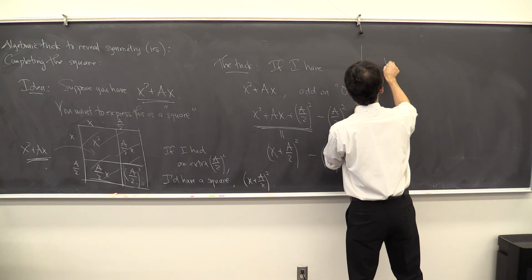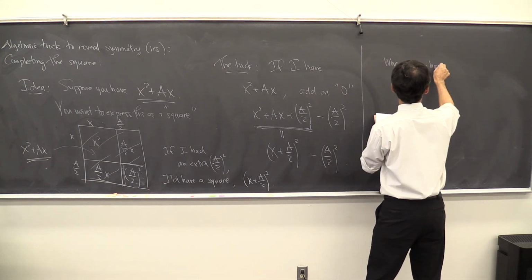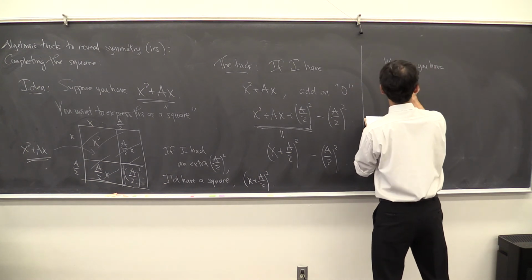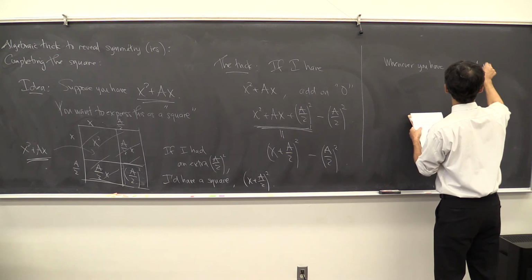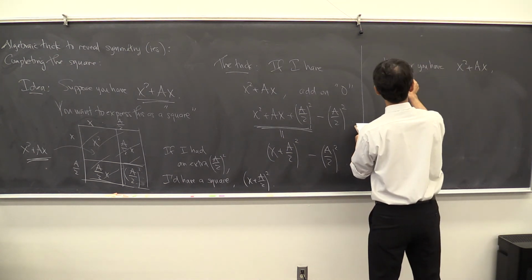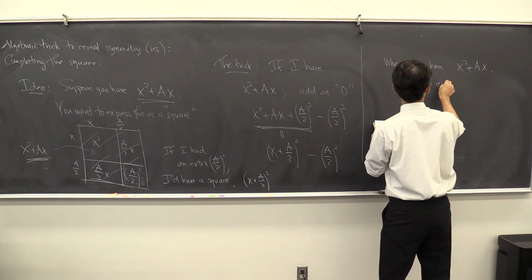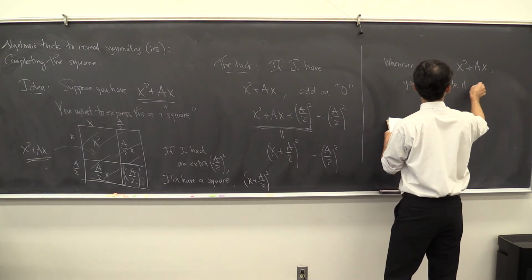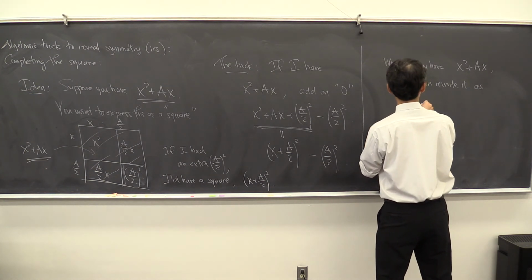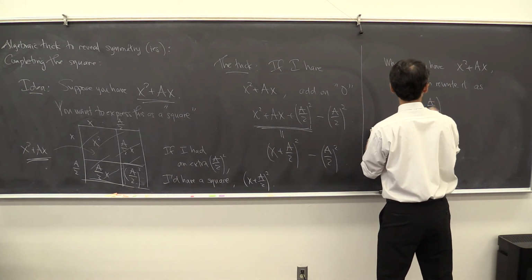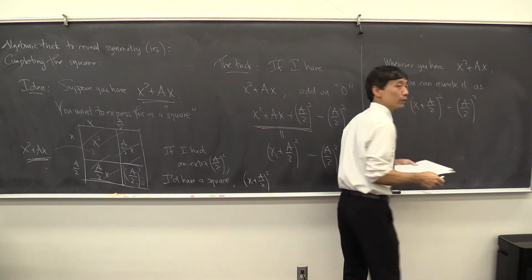Whenever you have x squared plus ax, you can rewrite it as x plus a over 2 quantity squared minus a over 2 quantity squared.